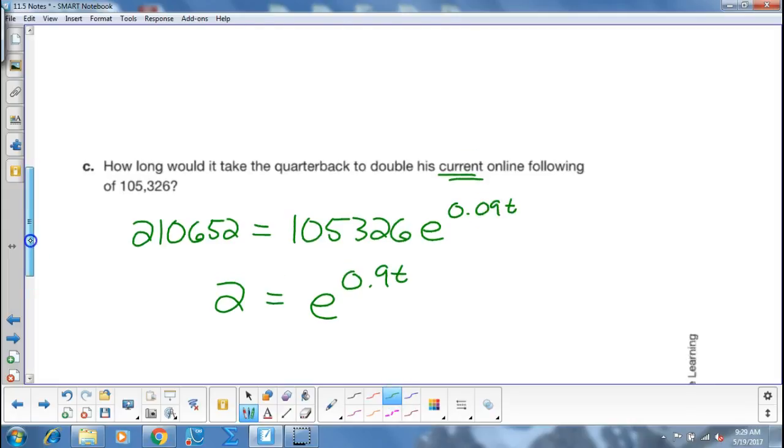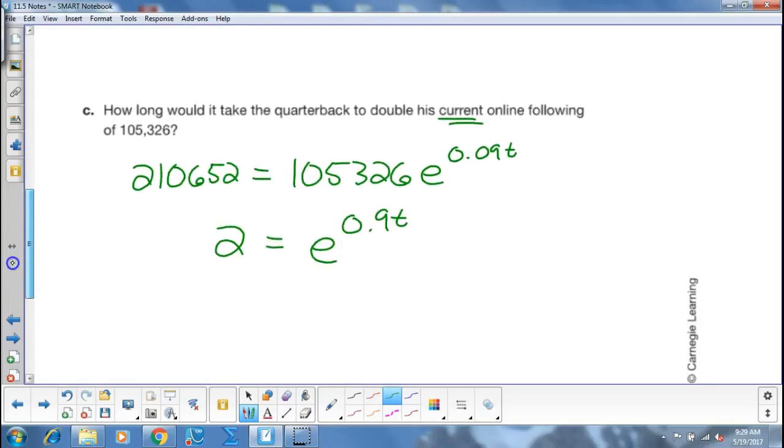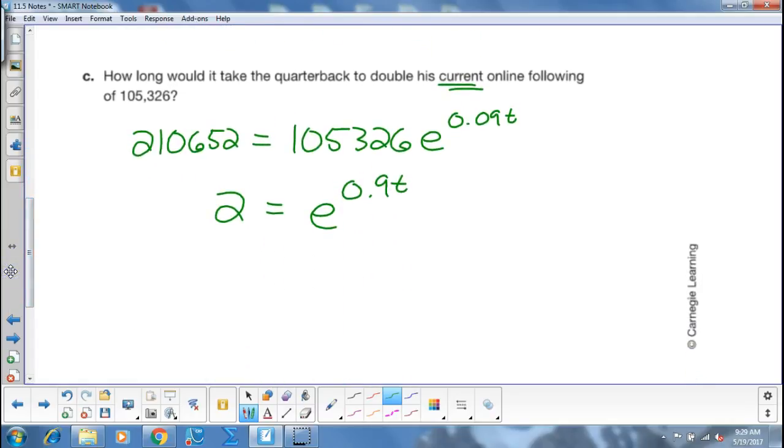Did I miss that up here too? Nope, I got that up there. Okay, yep, 0.09. Okay, now what?